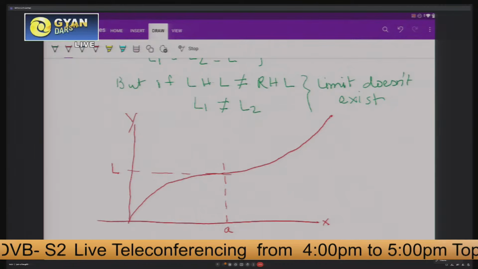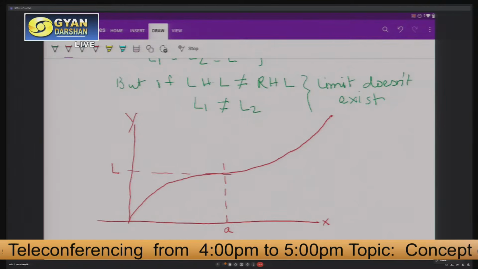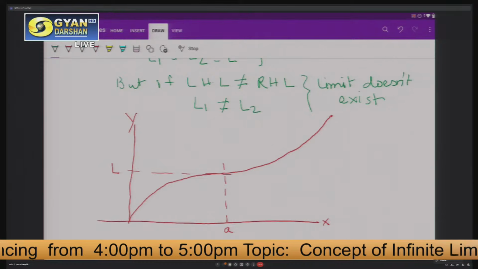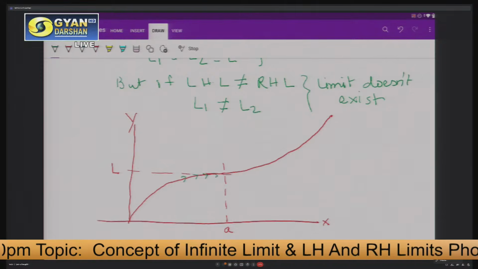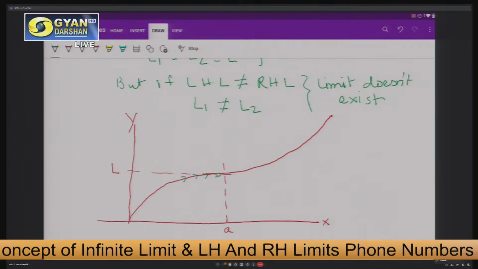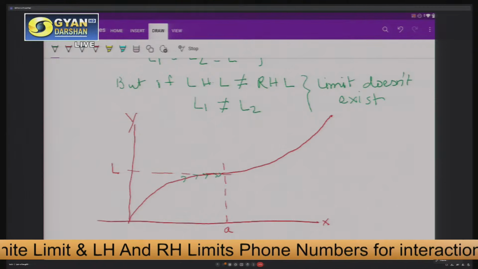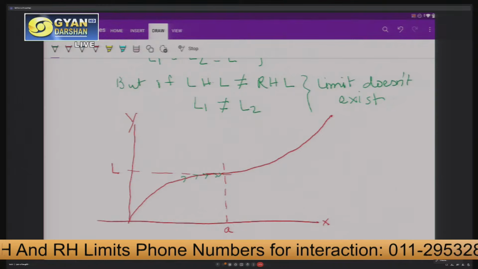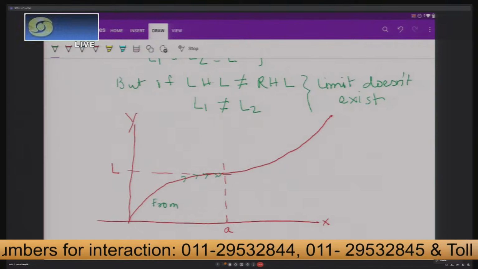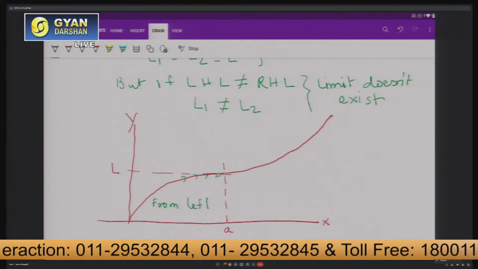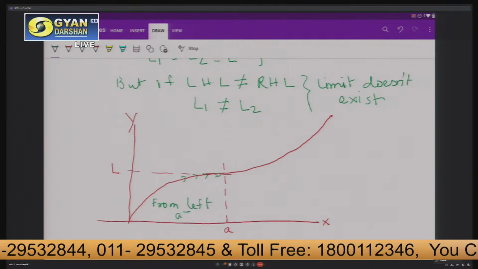So as we approach from left, say from this side, it is going to be here. So left, I mean a minus.